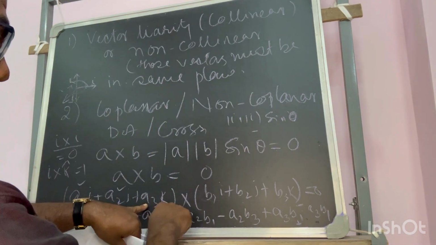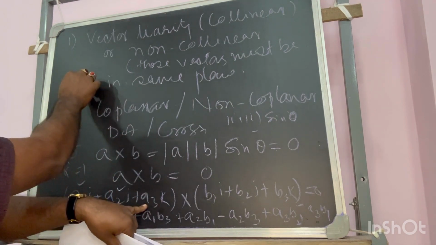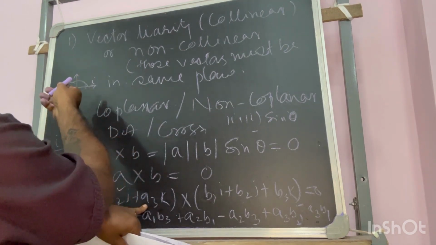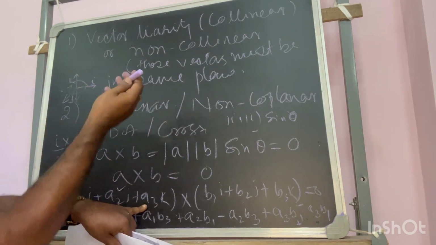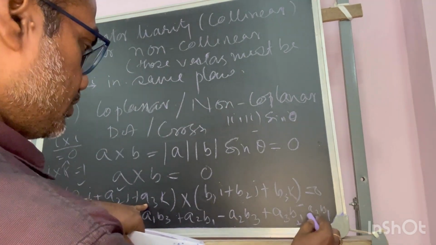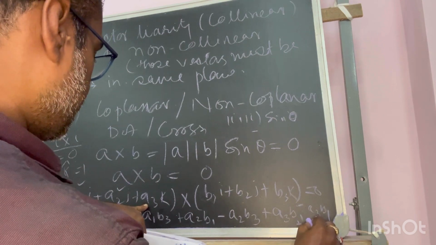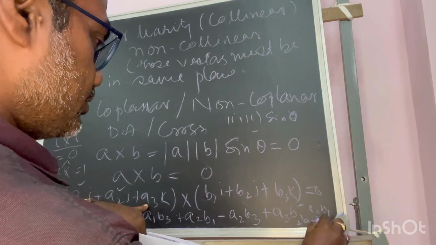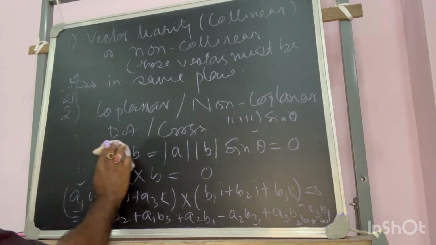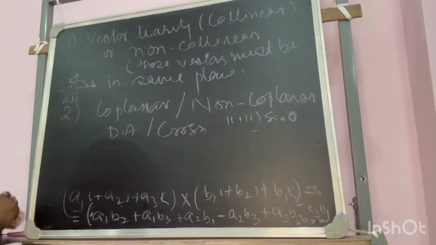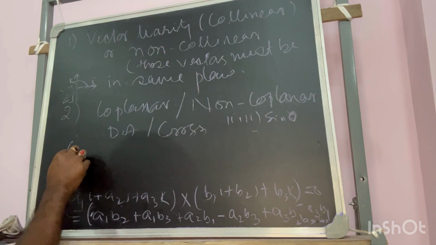When I am moving K to J, I'm rotating this way, so this will move up, and that will be A3 B2.